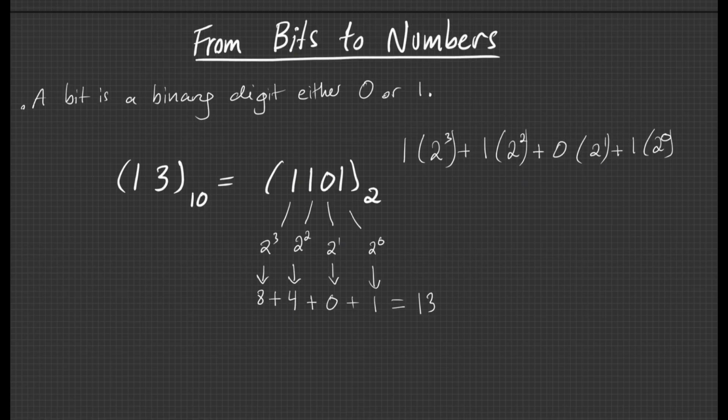Binary is a numbering system, and the way it works is that it uses something called positional notation, where it essentially denotes the value of the base to a position in the number.